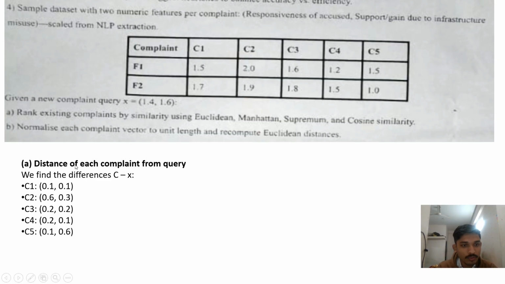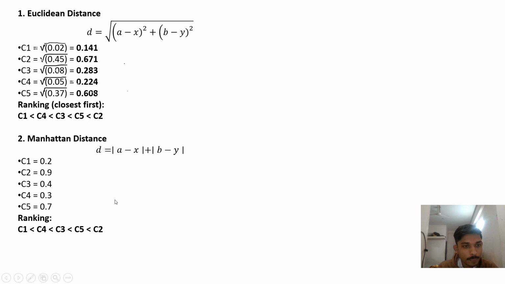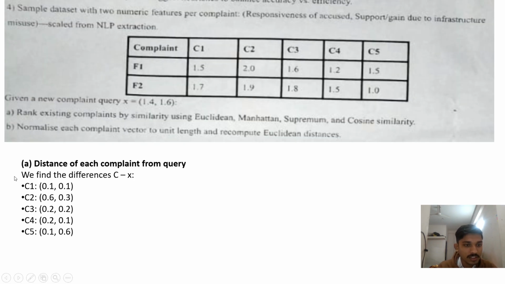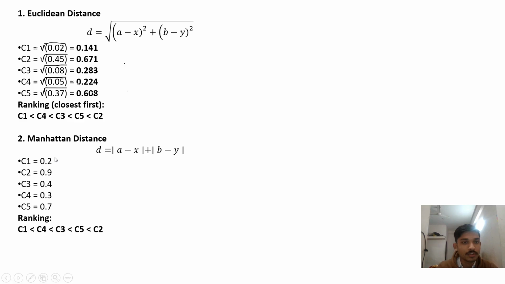First we have to find the distance of each complaint from the query point, that is 1.4 and 1.6. For C1 and the others, we take the complaint minus the query point, which calculates the absolute differences between the complaints and the query point. This is known as the Manhattan distance calculation.